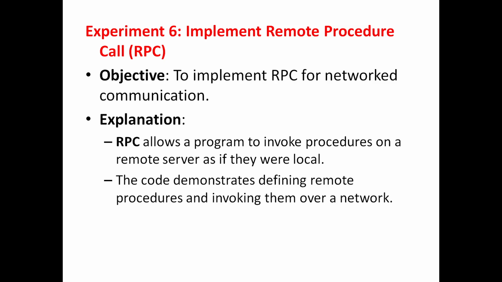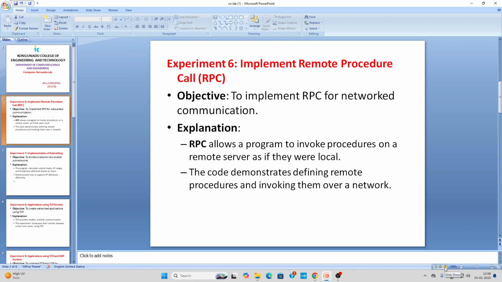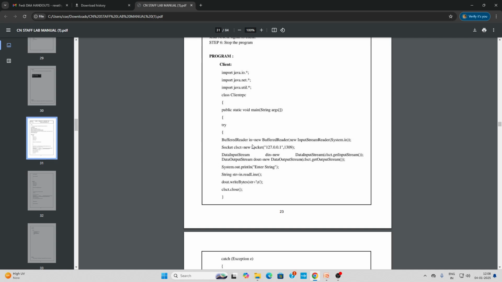Let me explain the coding of RPC. This is the client side program for RPC. First, we have to import some packages. The first package is java.io, which handles all the input and output functions.